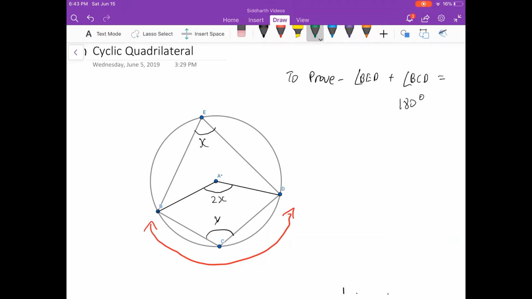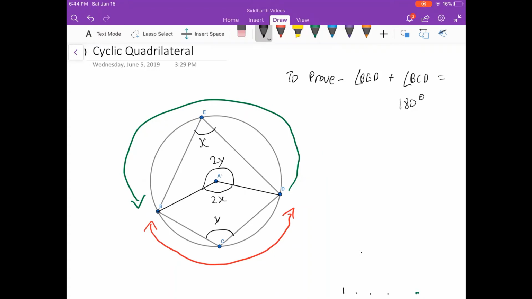In the same way, if you turn the figure upside down, you'll find out that the angle Y is an angle at the circumference for the major arc BD, and that the reflex angle BAD is the angle at the center for the same arc. That means reflex angle BAD has to equal 2y.